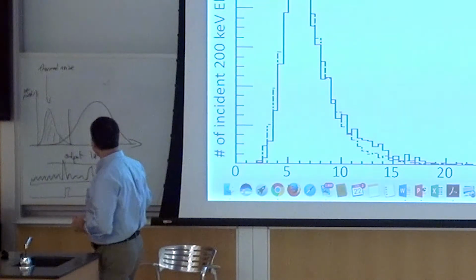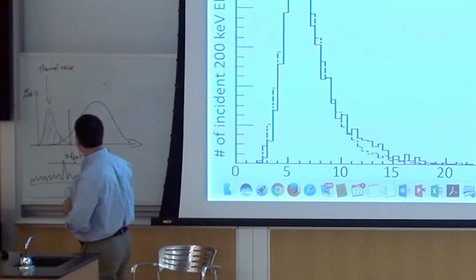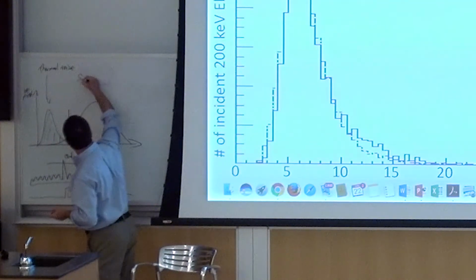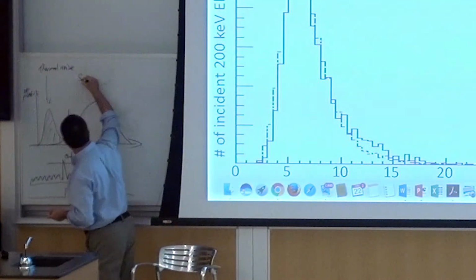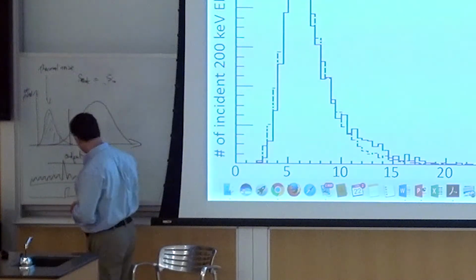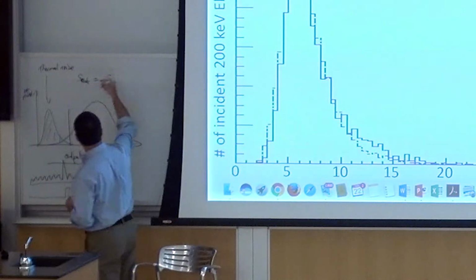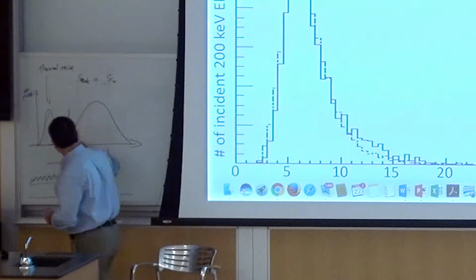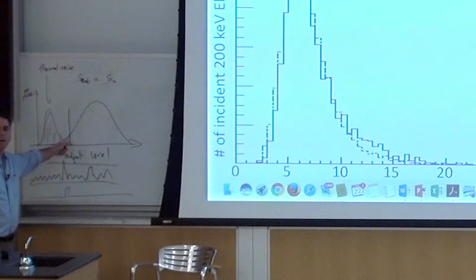The problem is when I do this, the signal out is the signal in times an efficiency factor, because there's always a tail at low energy. There are always going to be some electrons that just didn't generate a big enough energy that you could count them.